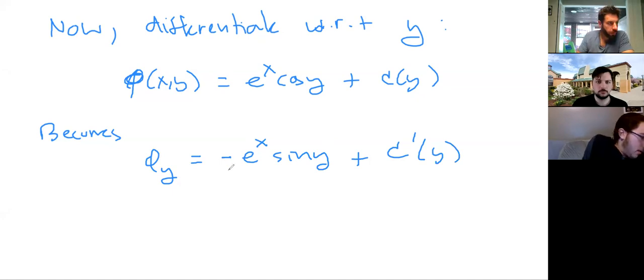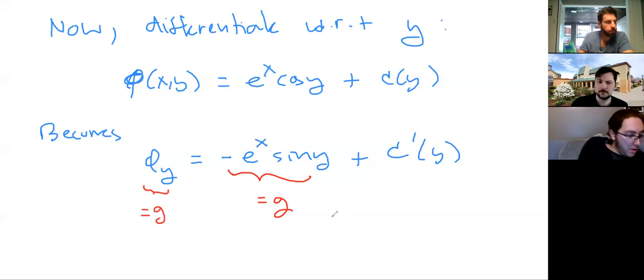This is our g. But what else is equal to g? This is also g.